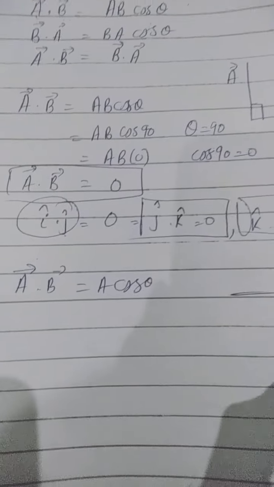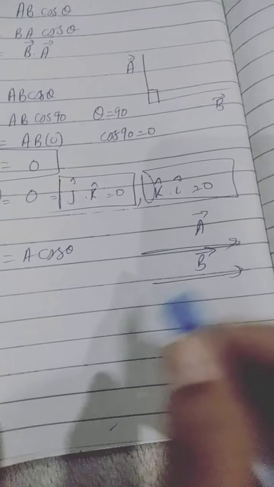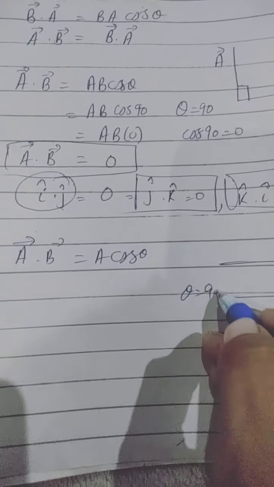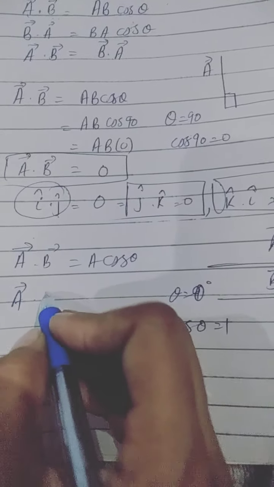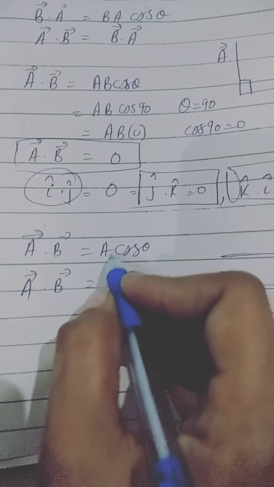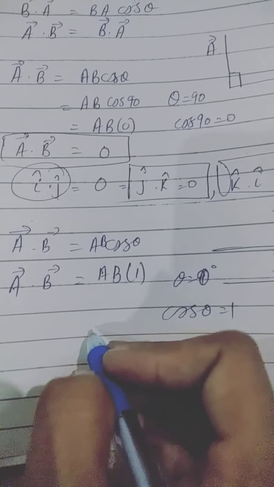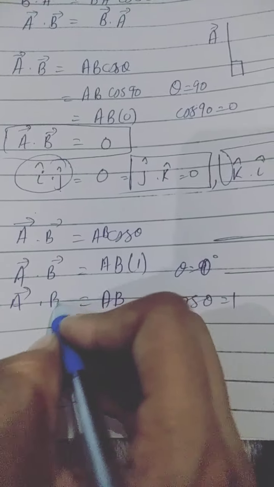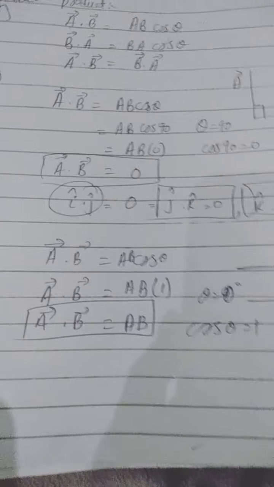When two vectors are parallel to each other, for example, this is vector A and this is vector B, then theta is equal to 0. So cos 0 is equal to 1. So A dot B is equal to AB into 1, which is AB. The scalar product of two parallel vectors is AB.